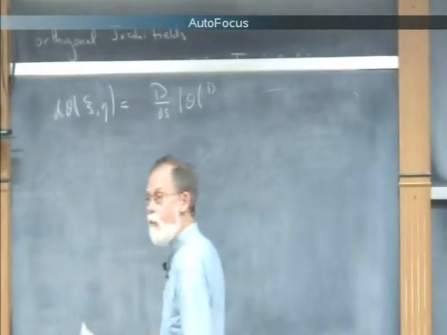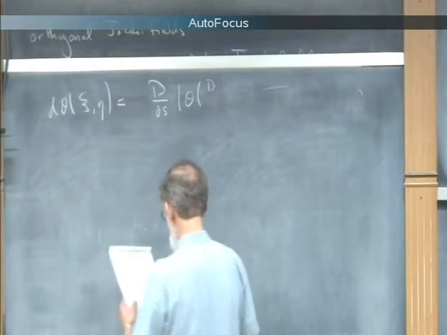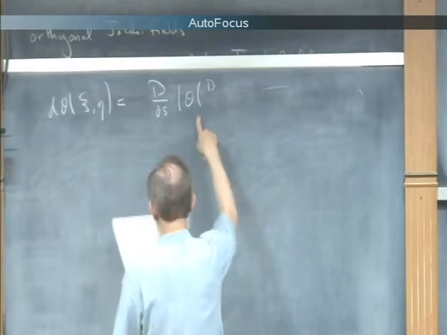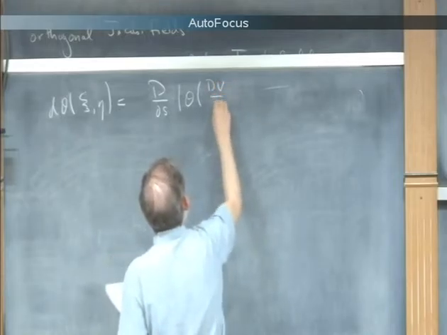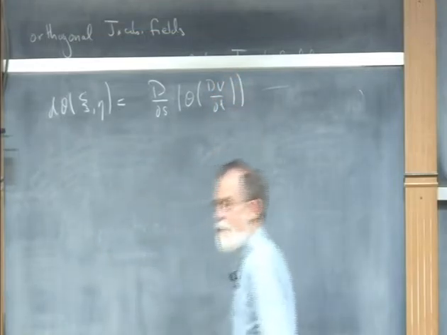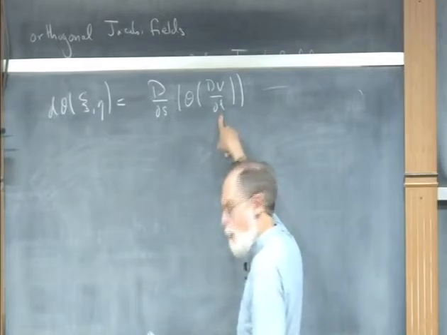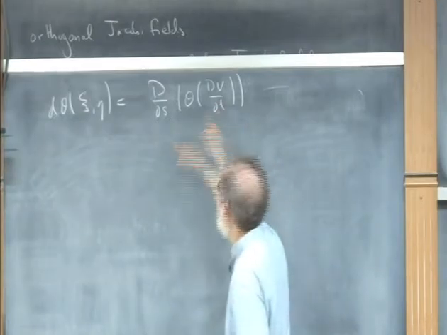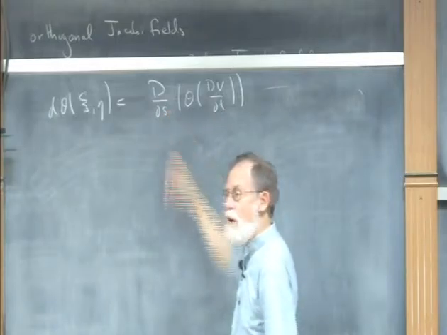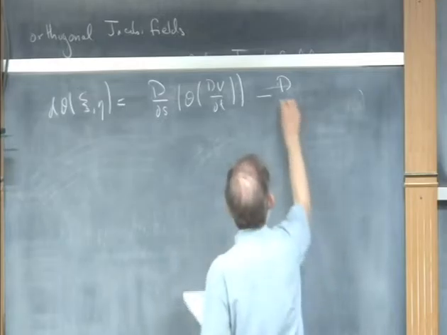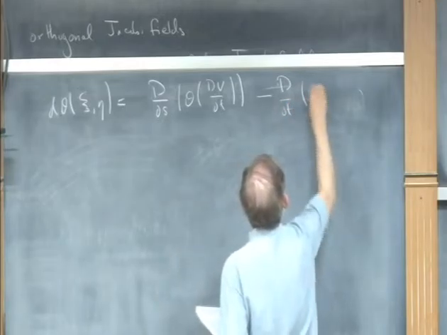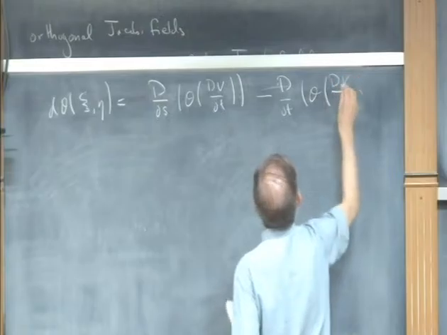So essentially when I do this d of the one-form, what I end up calculating is d by ds of theta of dv/dt. So this gives eta, I think. This is differentiating in the xi direction. And then I reverse the roles of s and t, and I take the difference.